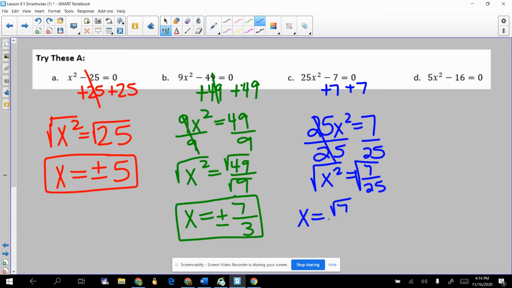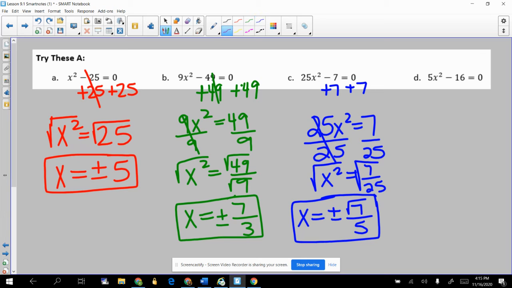And then square root of 25 is 5. Whoops, and see, I even forgot my sign. I didn't leave room for it, so let me rewrite that. Plus or minus square root 7. And then square root of 25 is 5. So your answer would be plus or minus square root of 7 over 5. Okay. Awesome.